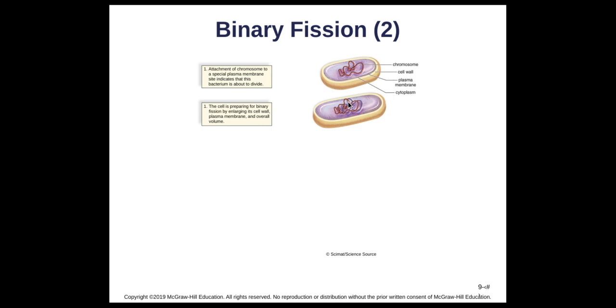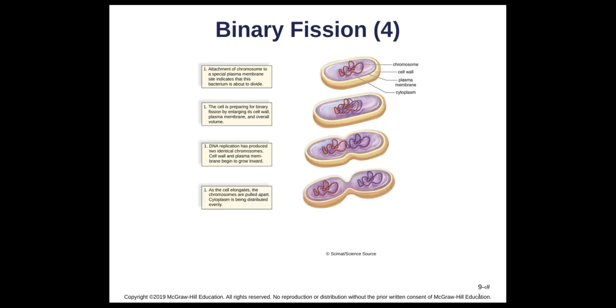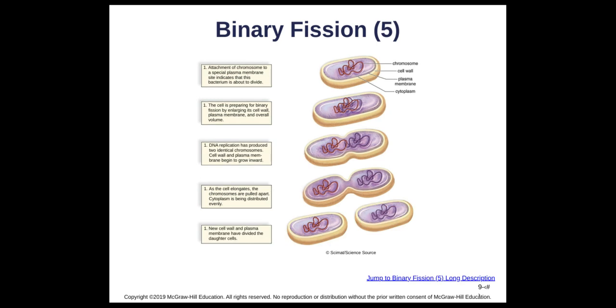It now has two copies attached to that membrane. The cell will elongate, and then the DNA is moving into what will be the two new cells. We pinch it in together, and we end with two new identical daughter cells.